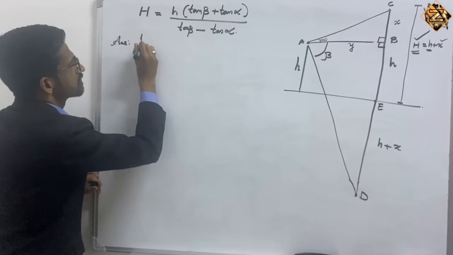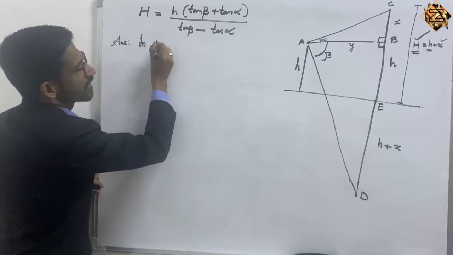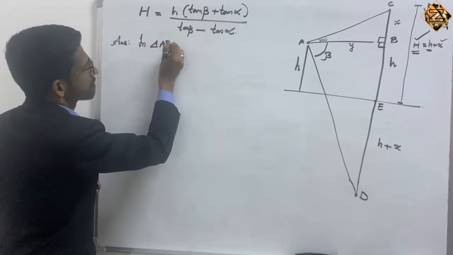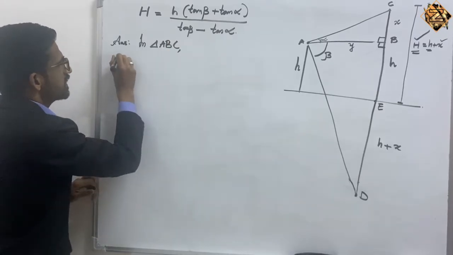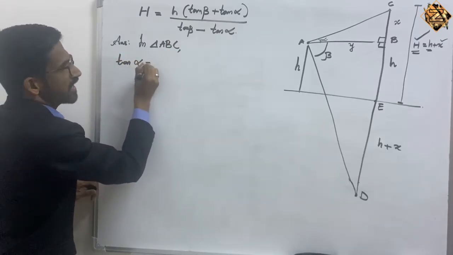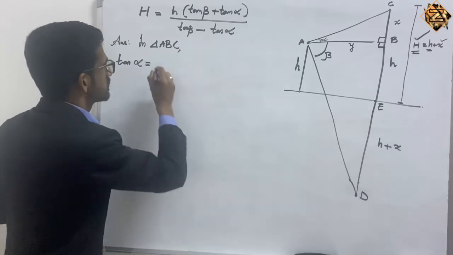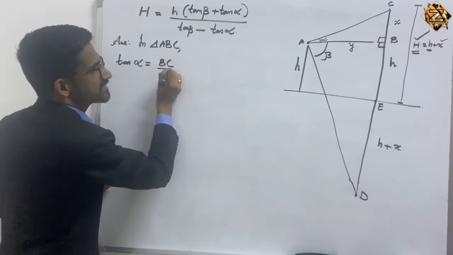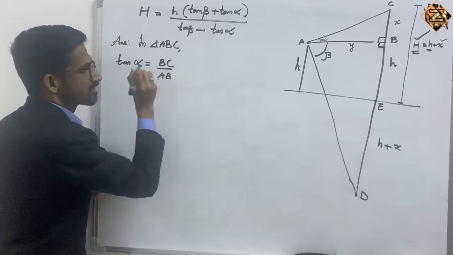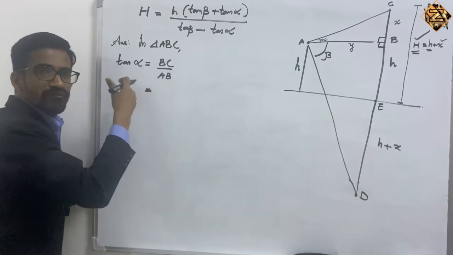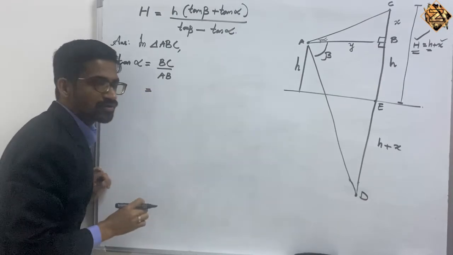First we will consider triangle ABC. Tan alpha is opposite, that is BC, by adjacent, that is AB. There is no value to substitute for tan alpha, so we keep it as tan alpha only.